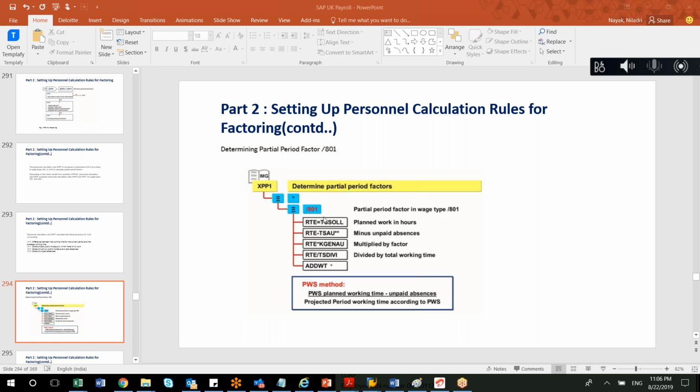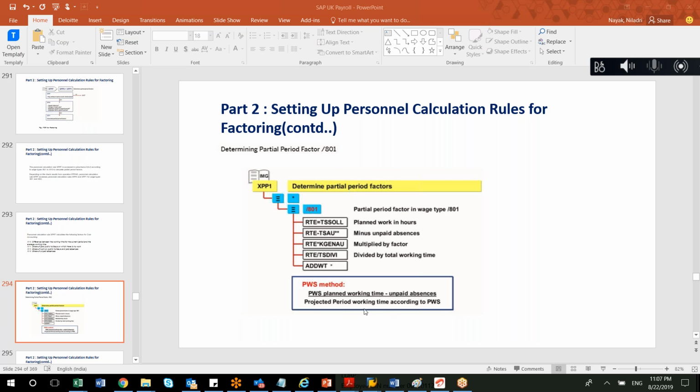Now we have seen the numerator part. Similarly, it is multiplied by the factor, which will come from your KGENAU constant. K is for the calendar days, and it will come from that. After doing that, you divide it by the total working time.